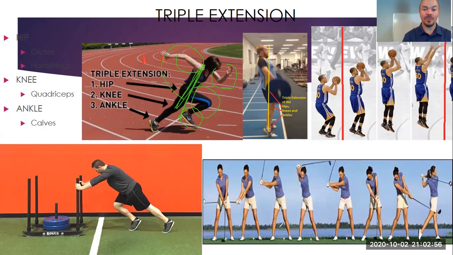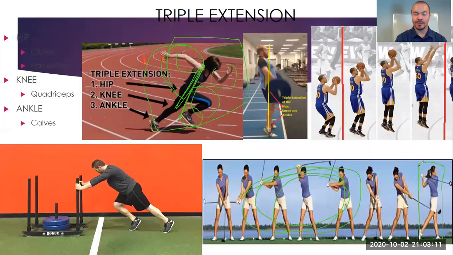So if we can get athletes who maybe never need a sprint in their sport out here doing this, would it help and maybe apply to this triple extension here? I think it might. So that's something to keep in mind as well.